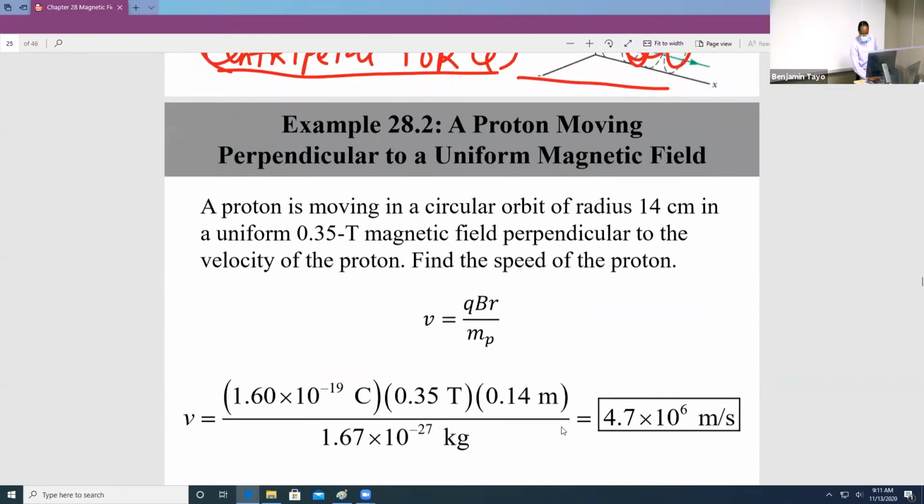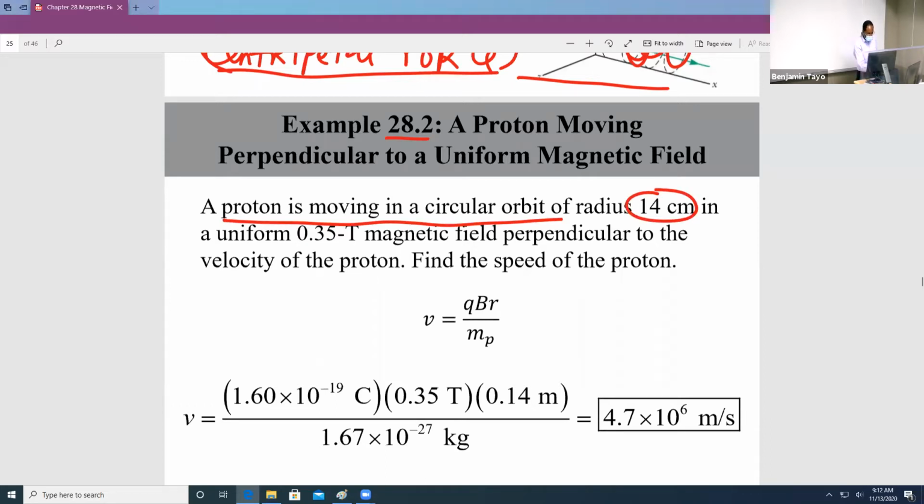And I'll just go over this real quick because I think you guys saw something like this in the drill. So this is example number 28.2. So in example number 28.2, what we're interested in calculating is, suppose that you have a proton that is moving in a circular orbit and the radius is given as 14 centimeters.